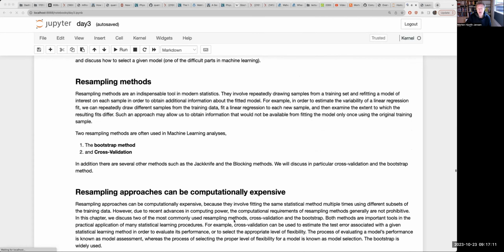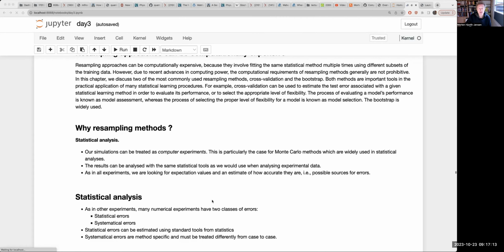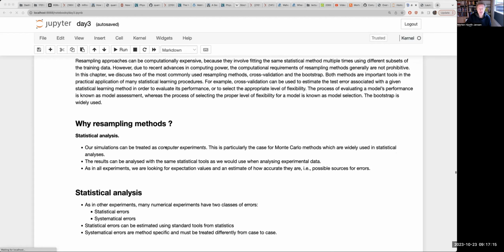examples. Now, what I wanted also to say a little bit about is, when we look at the statistical data analysis, the simulations which we are running have to be treated in a way as numerical experiments.